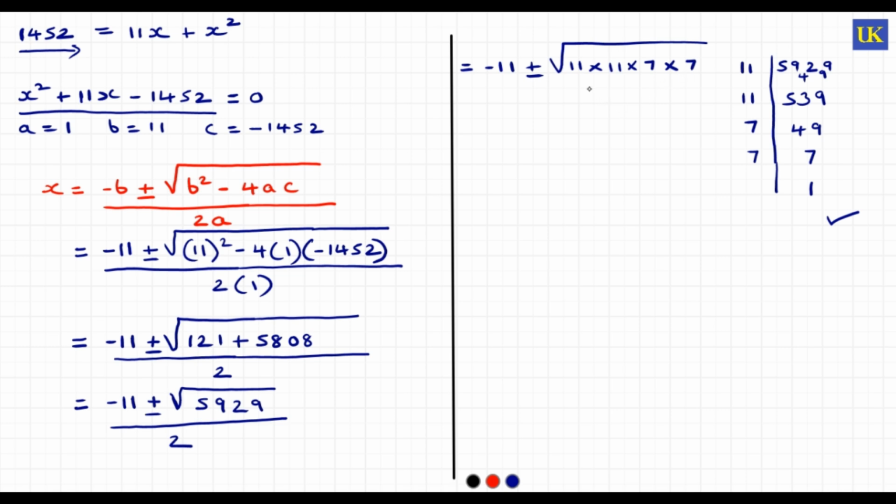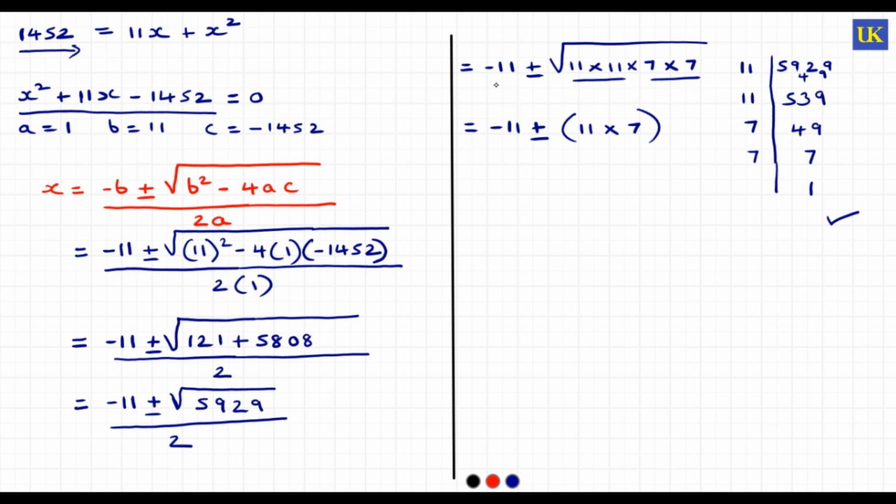But why we are doing like that is because now we will form the pairs, and once we form the pairs, the numbers will jump out of the square root and that square root will go off. Then it will become easy for us to do the further calculations. So 11 will also jump out and 7 will also jump out from the root and the square root will get cancelled.